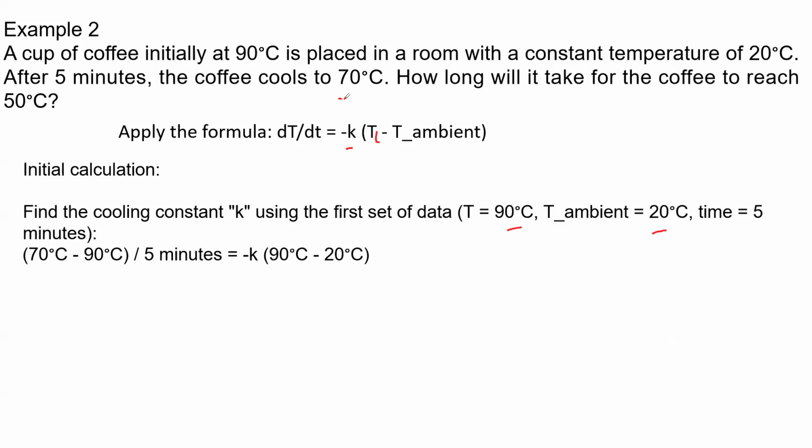So we start with the temperature of the mixture as 70 degrees centigrade. We now have 70 degrees centigrade minus 90 degrees centigrade divided by 5 minutes. This is delta T, the change in temperature, which means the temperature of the mixture minus the initial temperature.